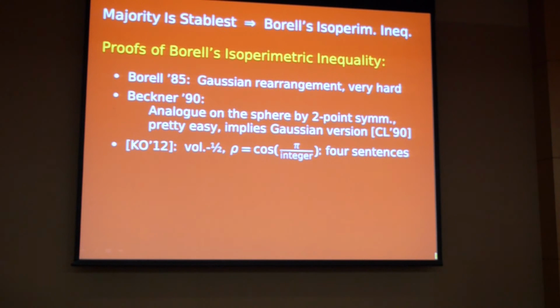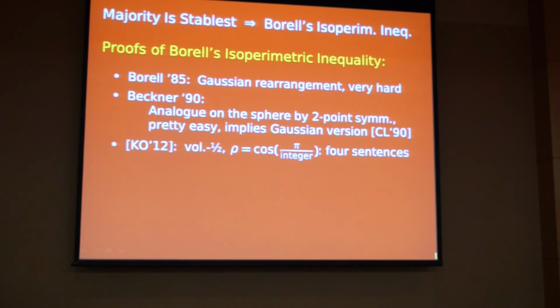And it only worked for certain values of rho. It only worked if rho was cos of pi over an integer. Which actually isn't so bad, because by taking that integer very large, pi over that integer goes to 0, and the cosine goes to 1. So we at least get it for a sequence of rhos that tend to 1.